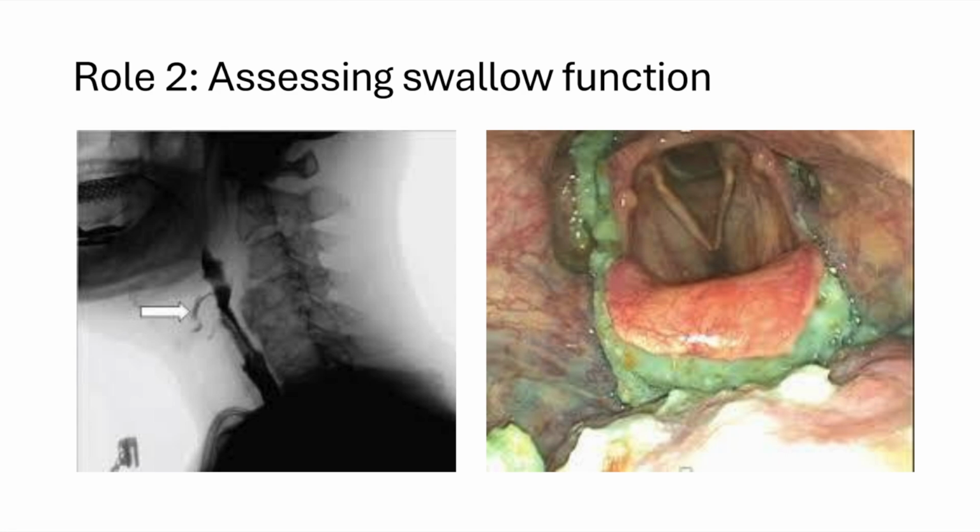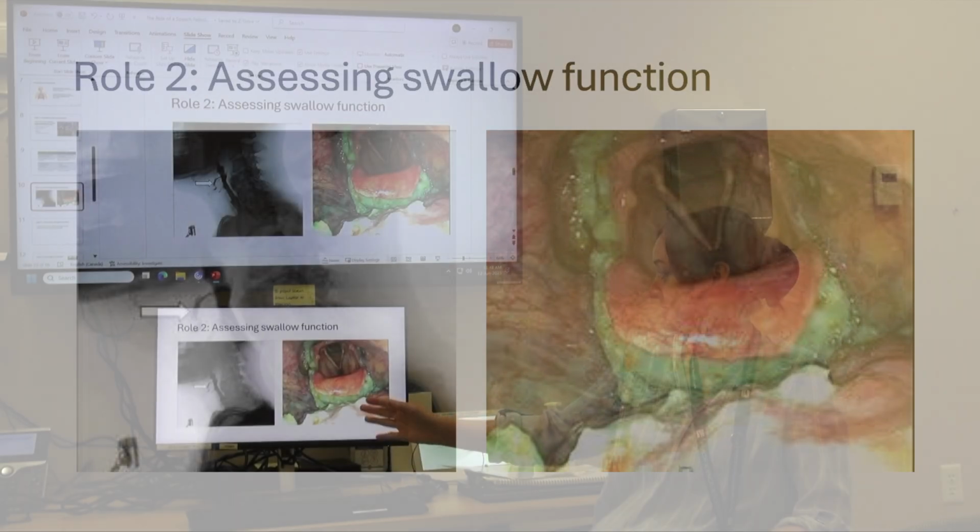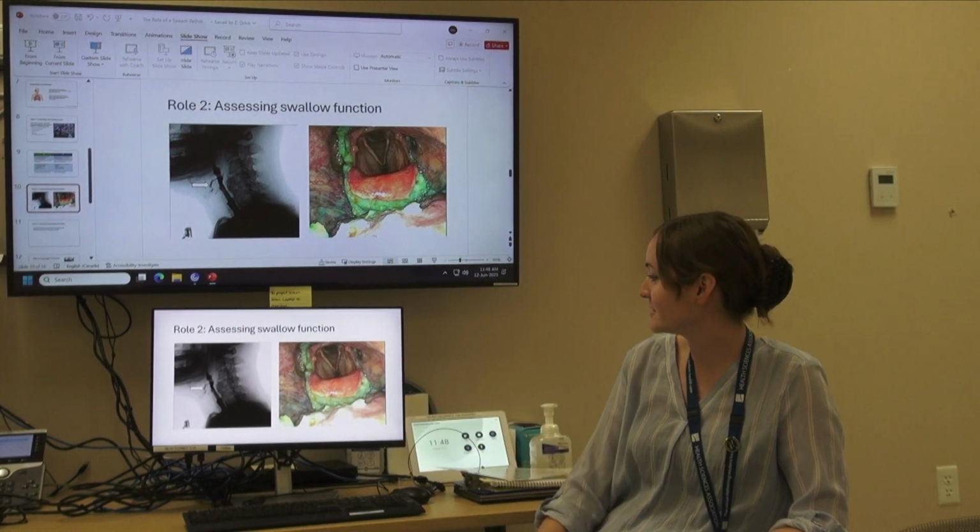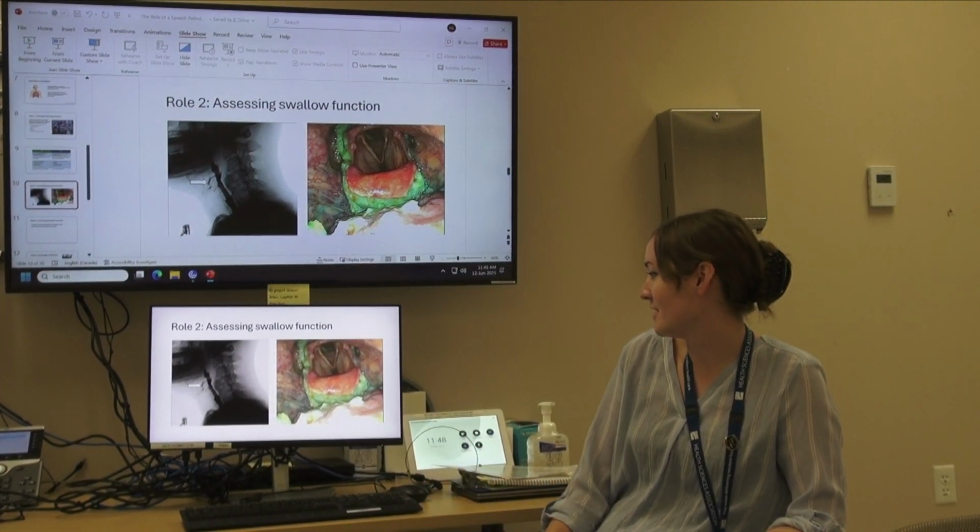We sit them in front of the x-ray, we give them food and drink that has barium, and we watch and see what's moving, what isn't. Is the airway closing? Are they swallowing on time? And where is that contrast going? So for this person, they're having a little bit of airway invasion, you can see towards the front, probably to the level of the vocal folds.